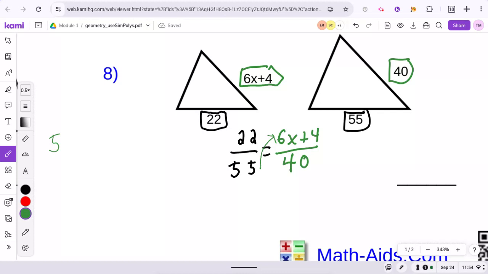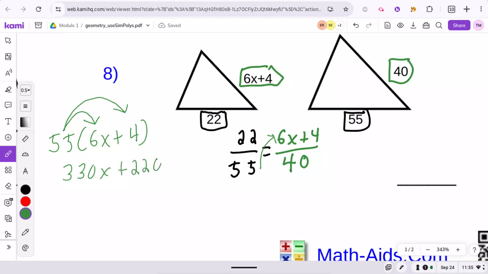So once again, use distributive property. So I'm going to put this over here to the side. You're going to distribute the 55 times the 6. So 55 times 6 gets you 330x. Then you would also multiply 55 times 4, and you get 220.